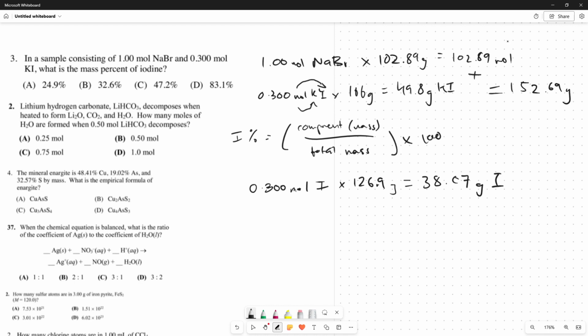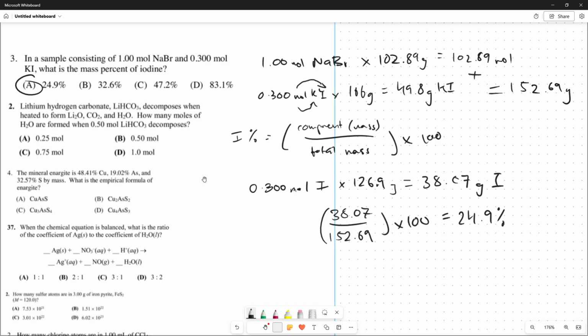So now we can solve: 38.07 divided by 152.69 times 100. That gives approximately 24.9%. So that's the mass percent of iodine, which is A.